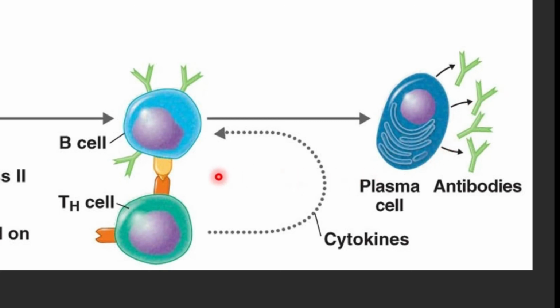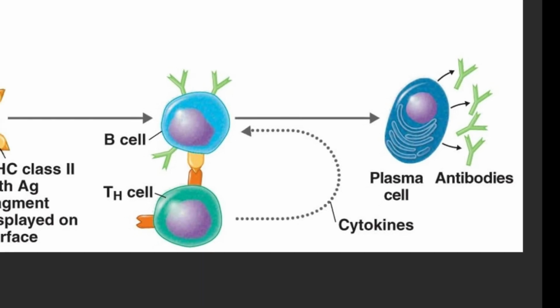So in this case, you have a B cell that will not activate unless the helper T cell tells it to, right? So the activation of the B cell is dependent on the T cell interacting with it, between the CD4 T cell receptor of the helper T cell and the MHC class II molecule of the B cell.